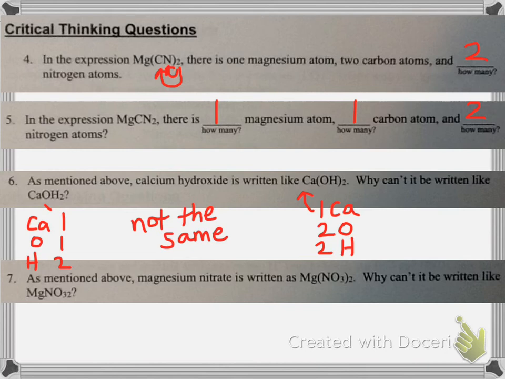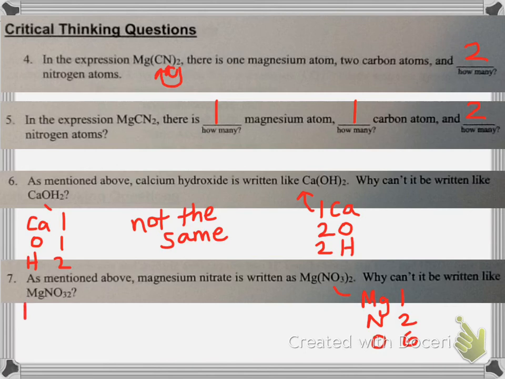Number 7. As mentioned above, magnesium nitrate is written as Mg(NO3)2. Why can't it be written like MgNO32? Because again, this formula says we have 1 magnesium, 2 nitrogens, and 6 oxygens because of the 3 times the 2.